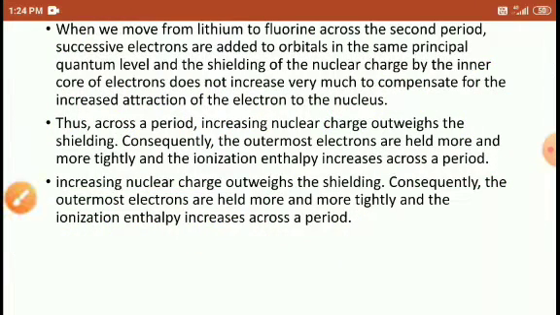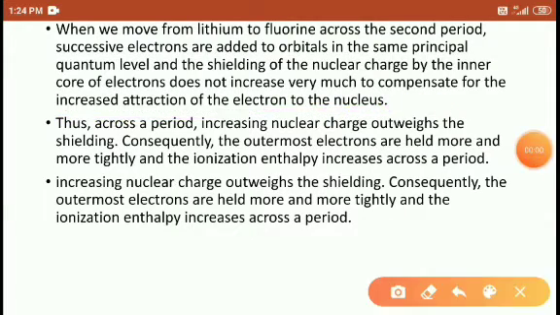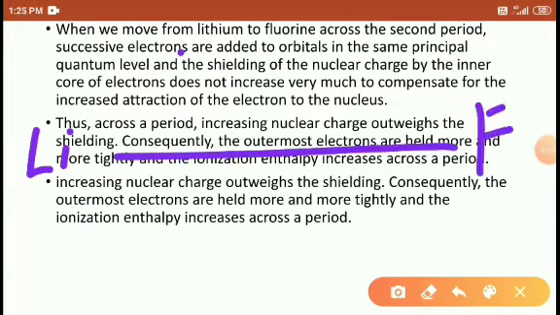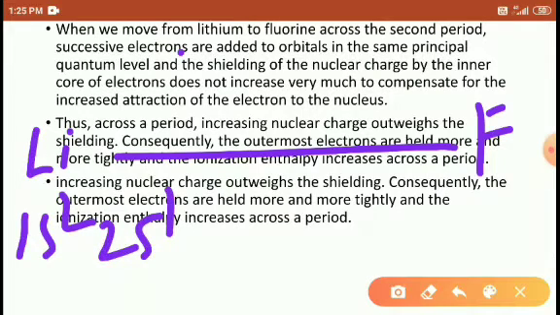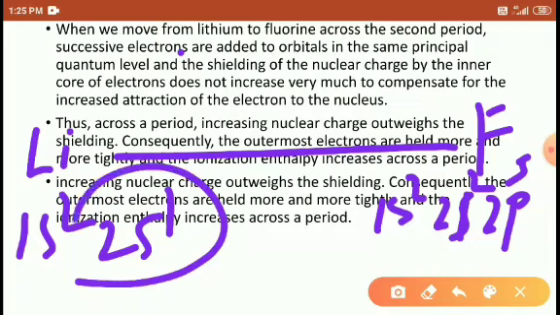So the electrons are in the same second energy level, which is why the nuclear charge is high and attraction is less. When we compare lithium to fluorine, lithium is 1s2 2s1, but fluorine is 1s2 2s2 2p5. So the electrons remain in the same second energy level.